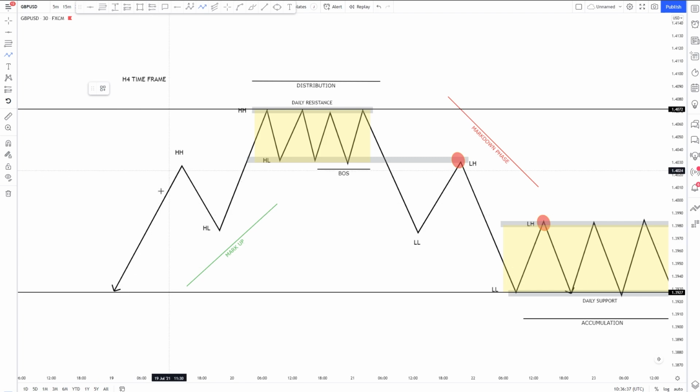So within that 4-hour push, the 1 hour will do something like this: higher high, higher low, higher high, higher low, and higher high. Can you take these trades here and here? Yes, of course, but I'm going to show you the highest probability trade. Then the market pulls back, just making waves within that overall structure.